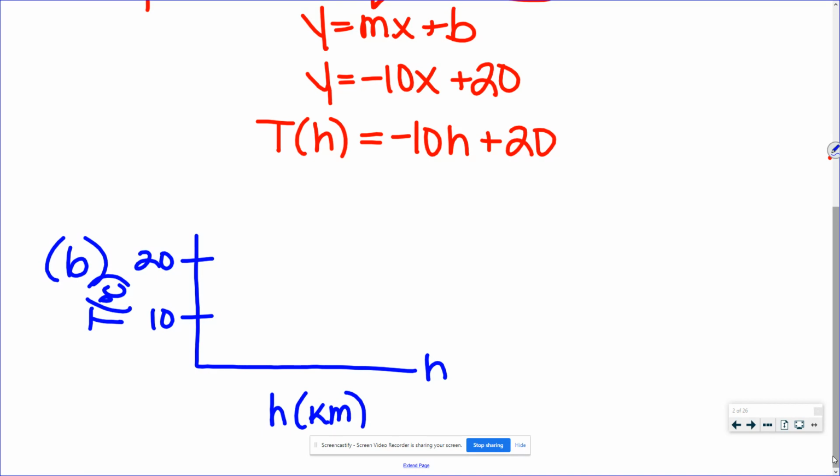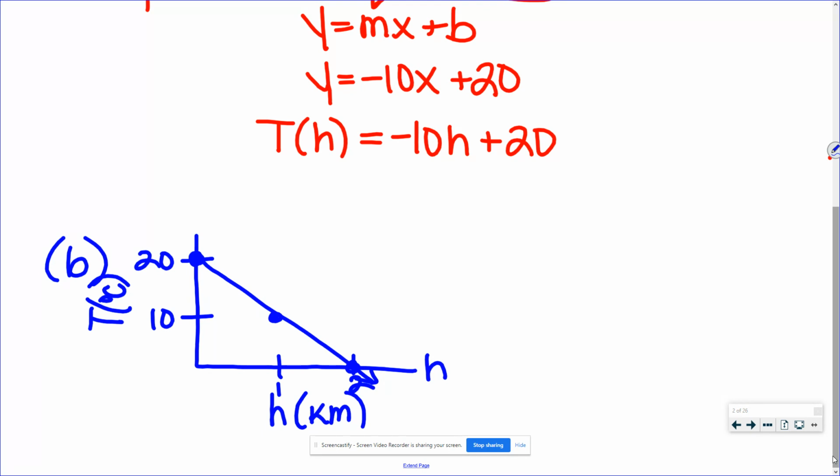And maybe we'll just go 0, 1, 2. And we're going to graph this starting with 20. And we're going down 10 over 1 as our rate of change, or our slope. So it would be something like this. That would be our graph.